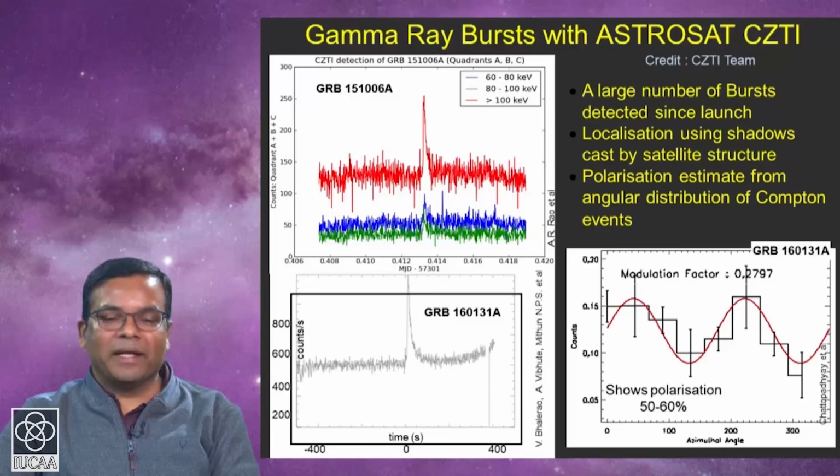By looking at the distribution of Compton scattered events in the pixels of the CZTI, one can measure the polarization of this hard X-ray emission, which is something new and very challenging. And CZTI has been able to measure the polarization of some of these gamma ray bursts.